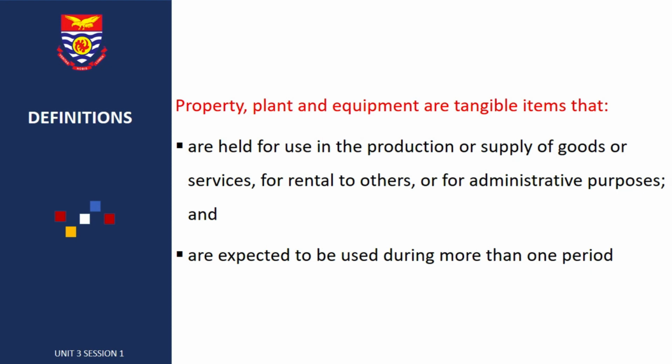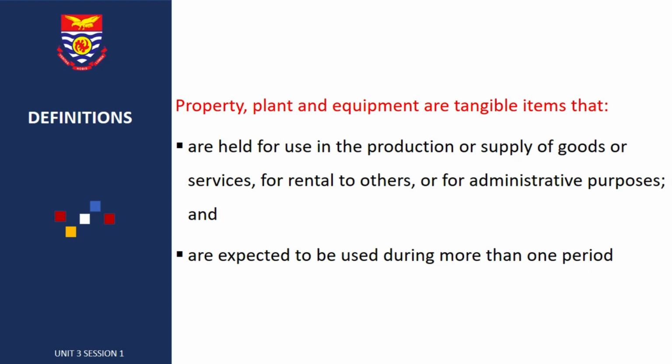And with period here, we are talking about more than one accounting period, more than 1 year, or more than 12 months. So we are saying that they are tangible items that are held for use in the production.